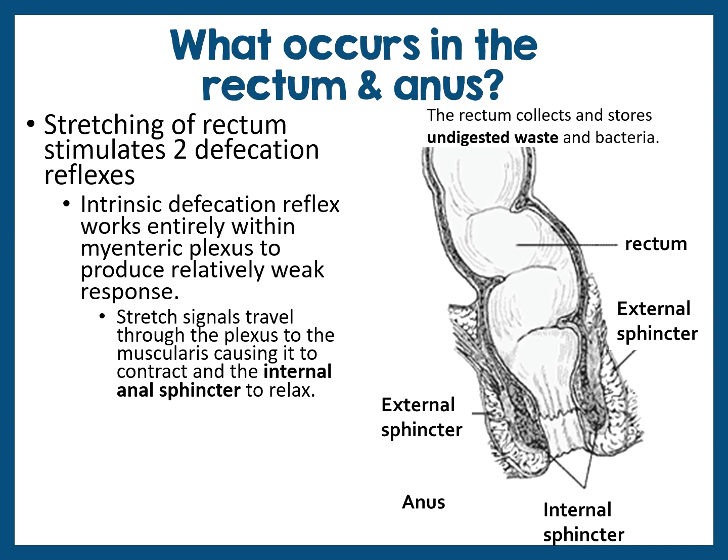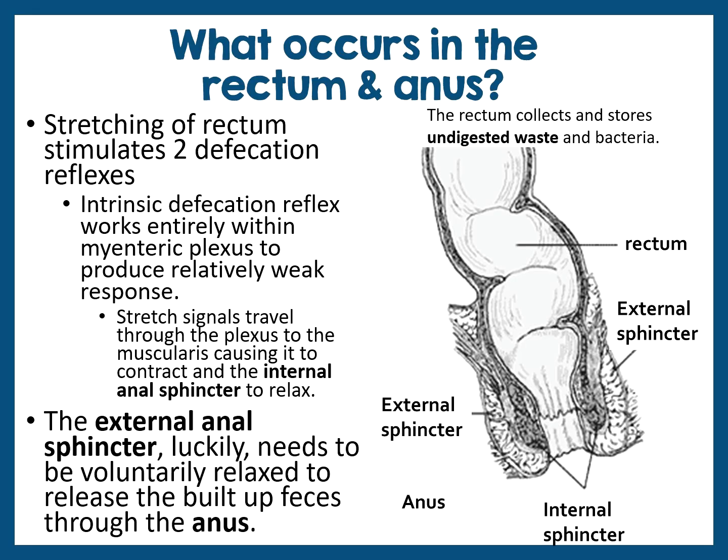So the rectum is going to collect and store all of this undigested waste. And when the rectum starts to fill, it's going to stimulate defecation by 2 different reflexes. So there is an intrinsic defecation reflex that will work entirely within the myenteric plexus that produces a relatively weak response.